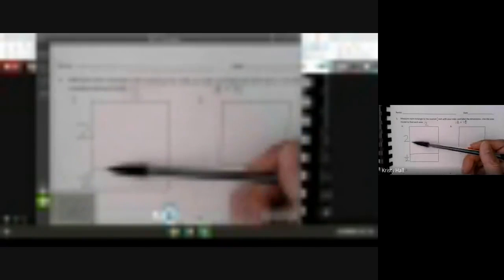Now, for the side, it's 2.5. I still have to separate the whole from the half. So I'm just going to kind of guess where that would be. But I still put the 2 wholes here and the 1/2 here. So remember, what we did there was we separated the whole number from the fraction.